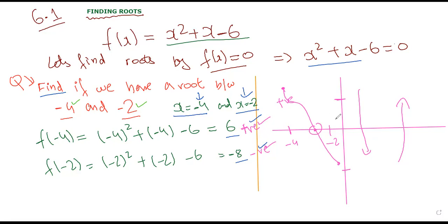Now this is the graph. This is x equals -4 and this is x equals -2. So at -4 we had that f of x is positive, so it would be somewhere here, anywhere on the positive side. And at -2 f is negative, it is somewhere here, and our graph is connected. So if it is going from positive to negative, it implies that there would be a point on our graph where it would be crossing the x-axis.